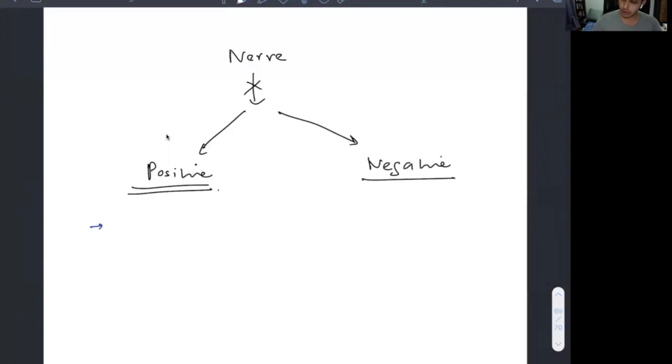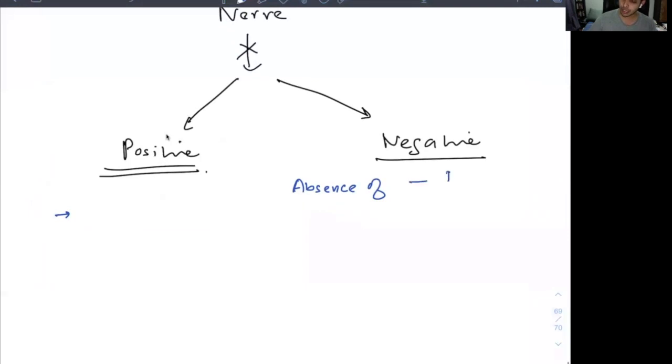The negative symptoms are basically the absence of all the things that a nerve would usually do. So your negative symptoms are numbness. You can have sensory ataxia.